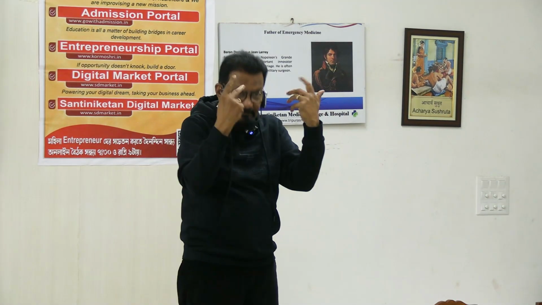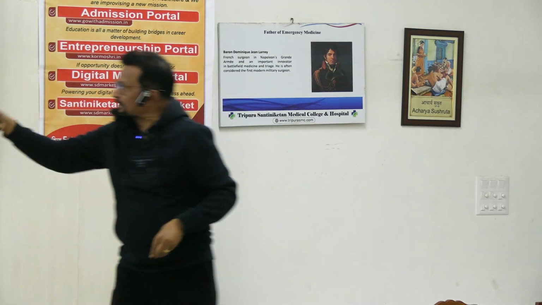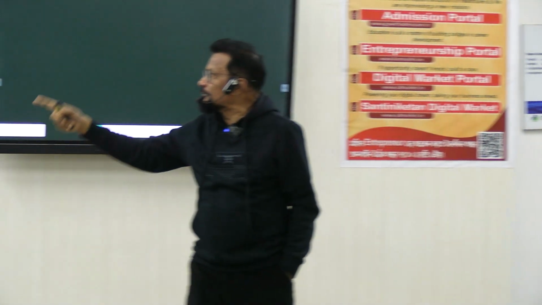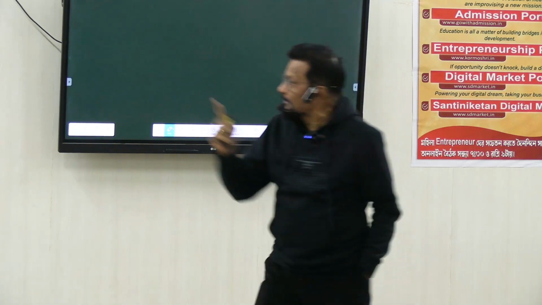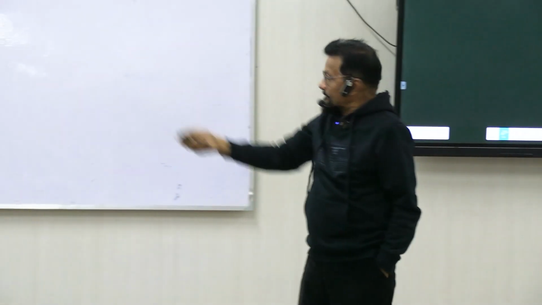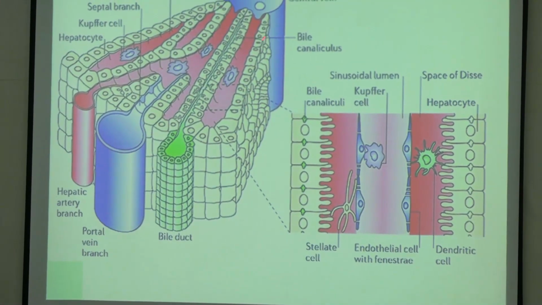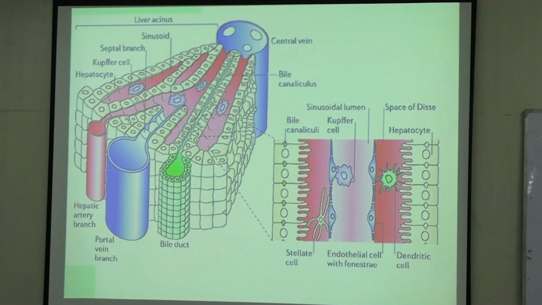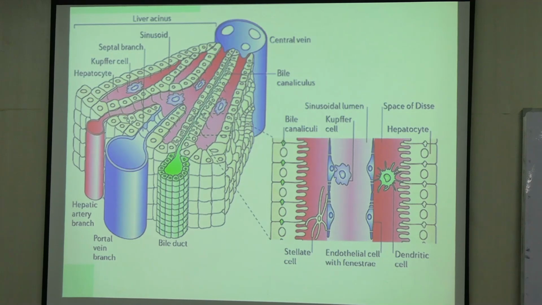So if I need these vitamins, they will secrete them from the hepatocyte into the space of Disse, and from the space of Disse it will be liberated into the sinusoid blood, and from here it will enter into a central vein. All the blood from the sinusoids will be drained here. This central vein will again join the IVC, inferior vena cava.